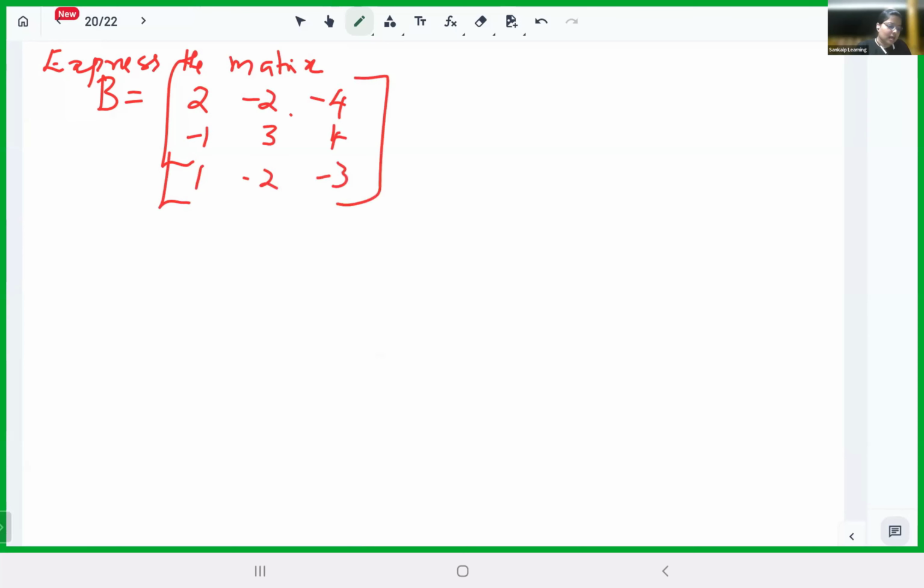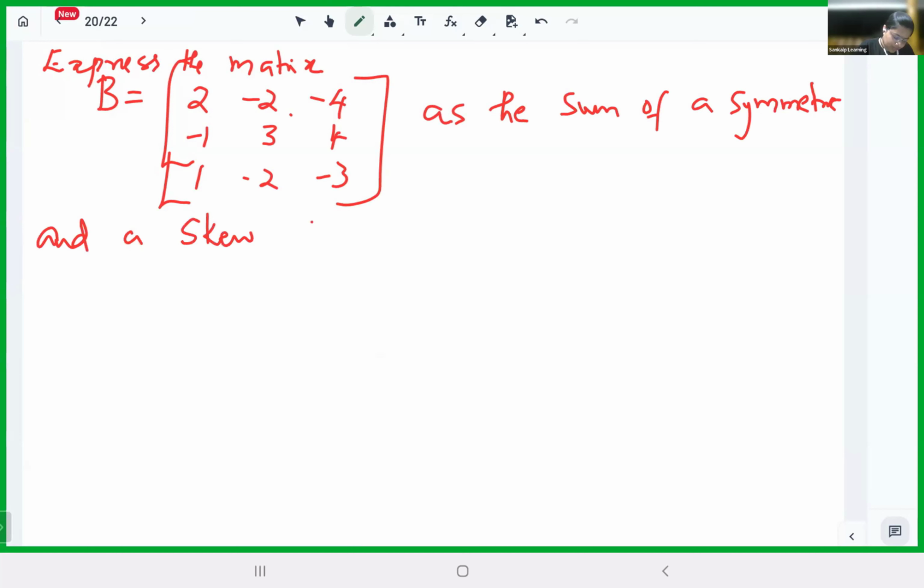Okay, this is our matrix. And express this one as the sum of a symmetric and a skew symmetric matrix.